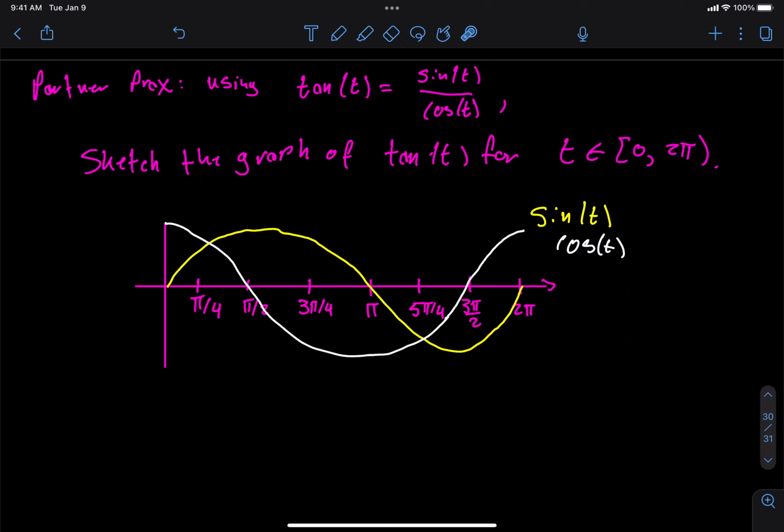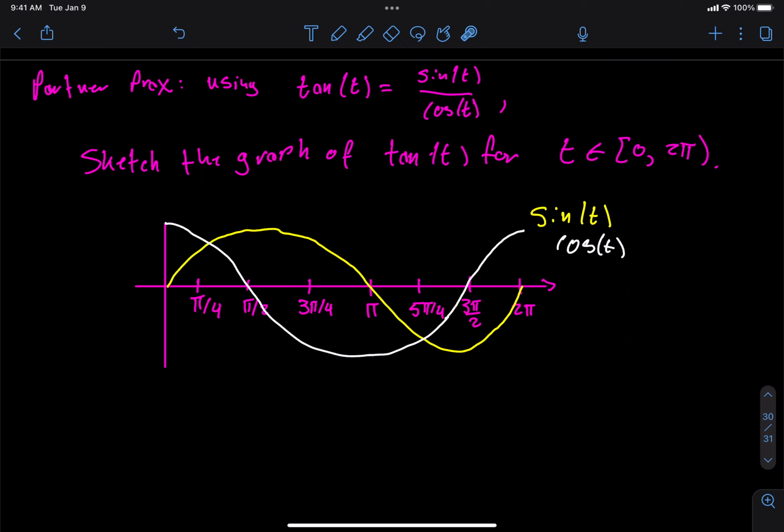Right here, have we run into any trouble yet? Yeah, what's the trouble? Ooh, okay, that's tricky. So what do we do when we divide by 0?